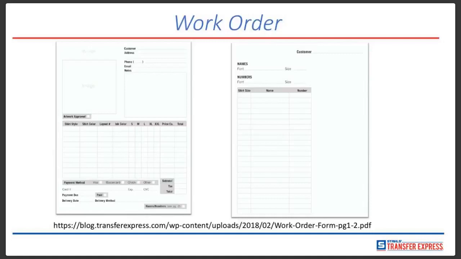I'm sure there are tons of templates out there for you already if you already use something, but here's something we're giving to you for free, so please take advantage of it as well.